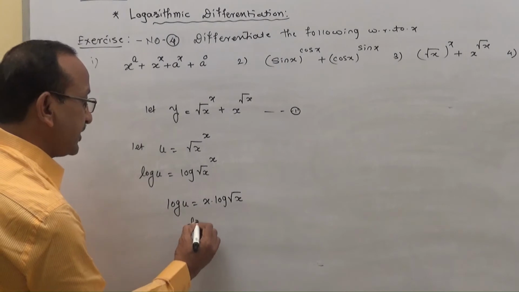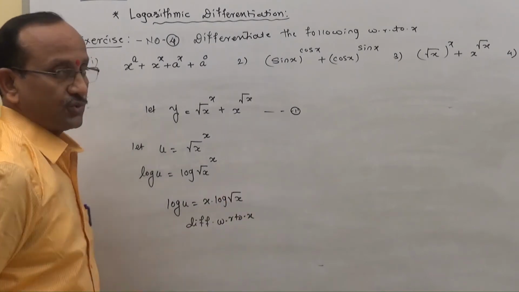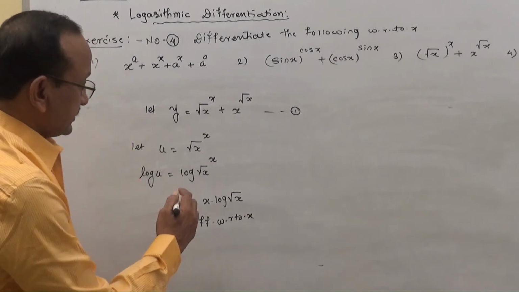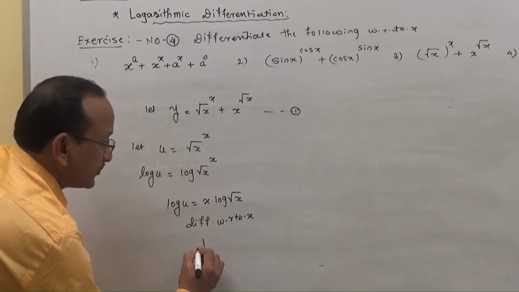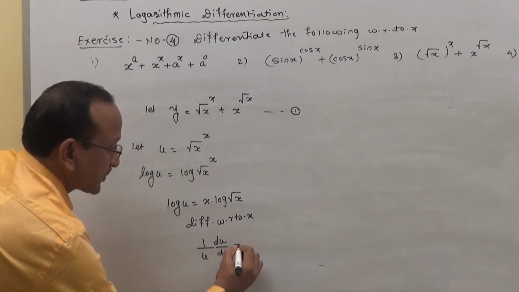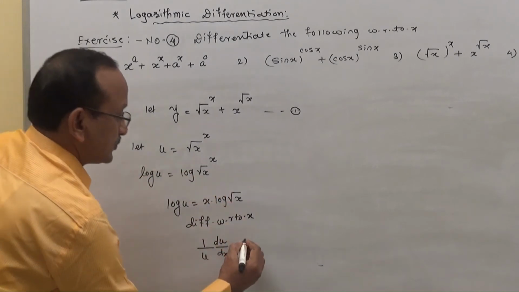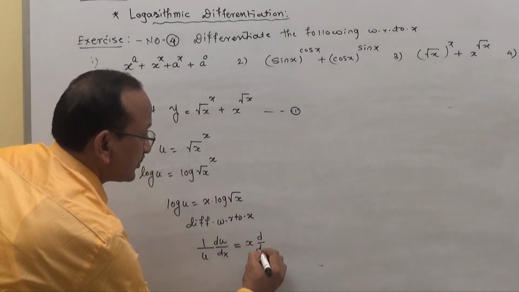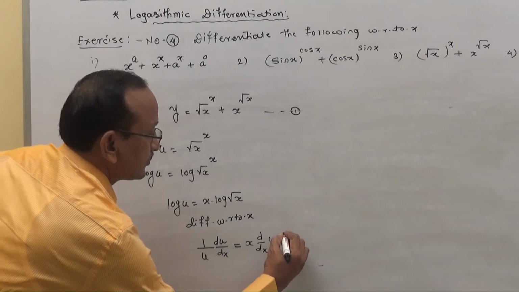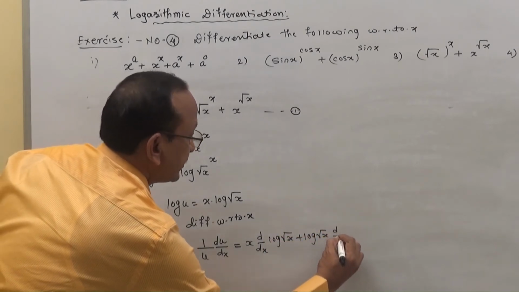Now differentiate this function with respect to x. Then the derivative of log of u is 1 upon u du by dx, which is equal to, apply product rule: first function times derivative of second plus second function times derivative of first.